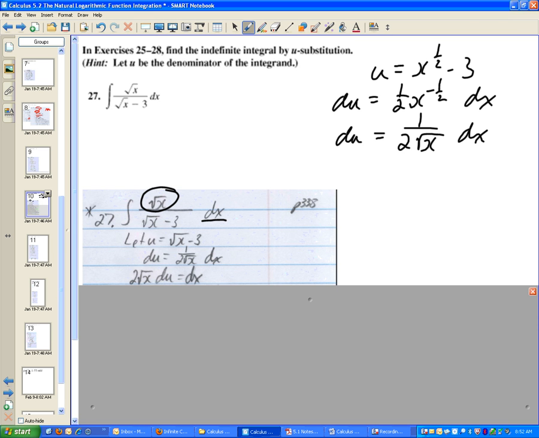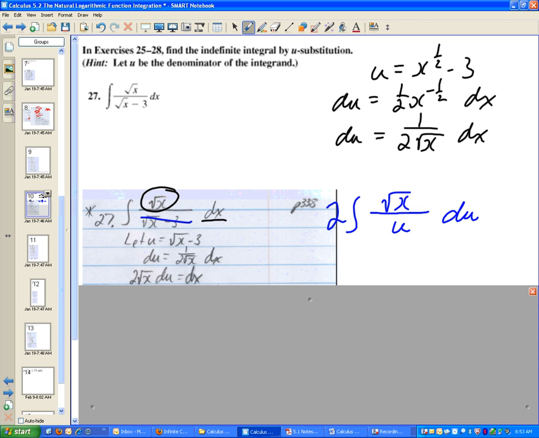Let's pretend that we were going to stop right now and do our substitution. All right? The denominator, square root of x minus 3, we're calling u. The dx can be replaced with 2 du square root of x. Don't like that square root of x.